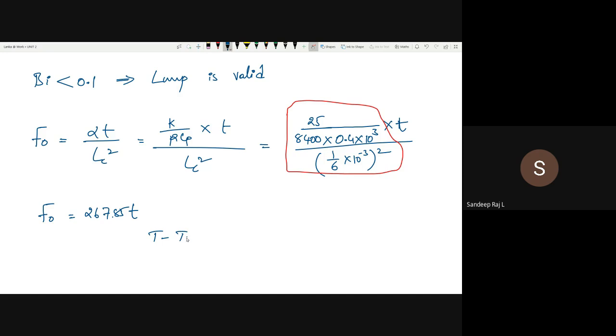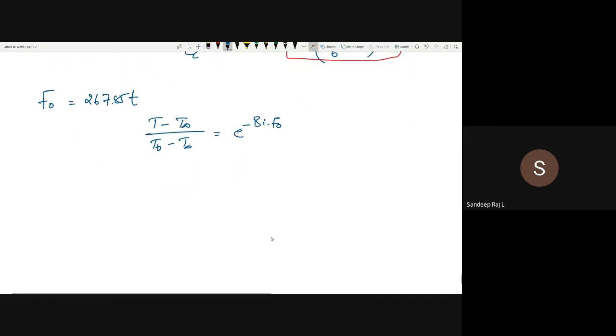T minus T infinity by T naught minus T infinity is equal to e power minus Biot into Fourier. So this value is given as 1 by 100 for us, and this is equal to e power minus of the Biot value that we have got, it is 3.7 into 10 to the power minus 3.